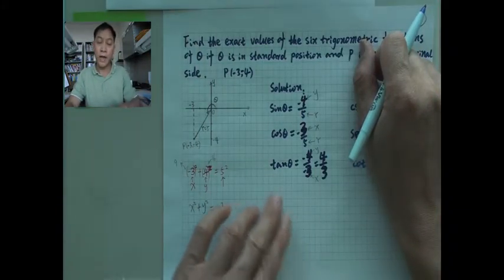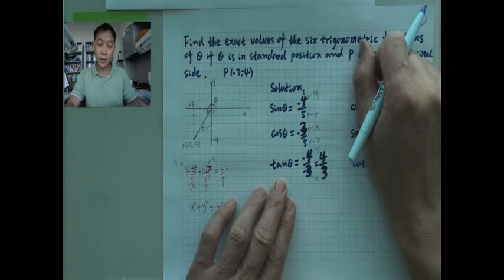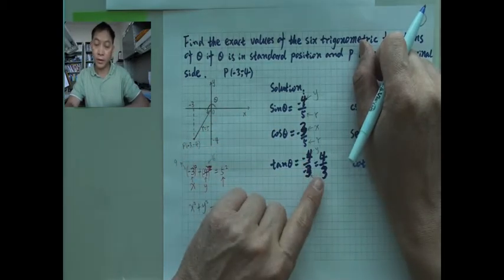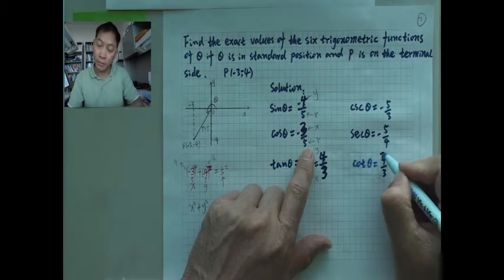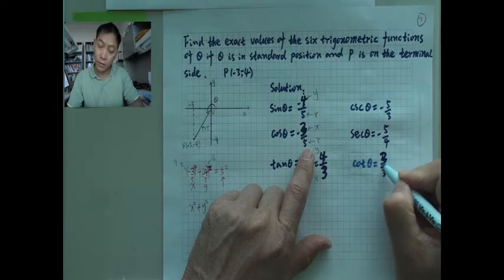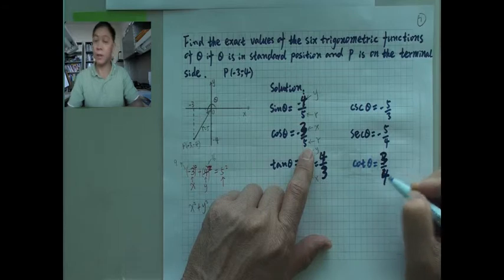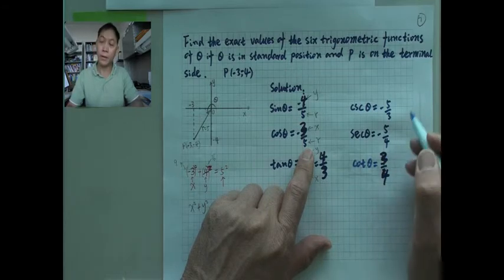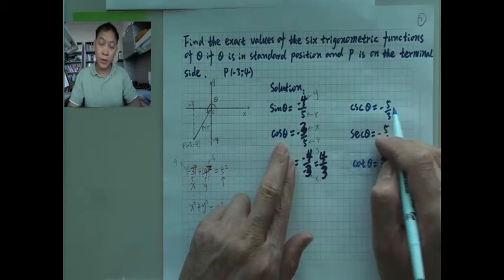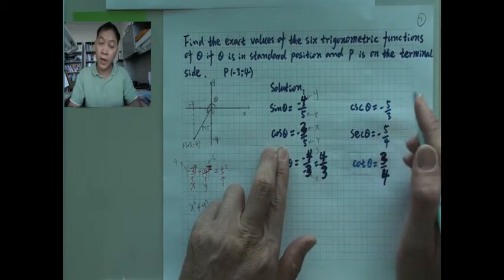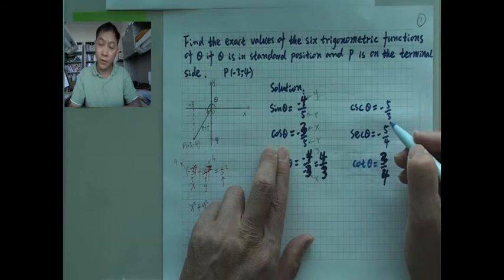Now, for tangent and for cotangent, you just flip this. So 4 over 3 is going to be 3 over 4. So let me correct this one. 3 over 4. Okay? And then secant is the reciprocal of cosine. So you got to flip here.